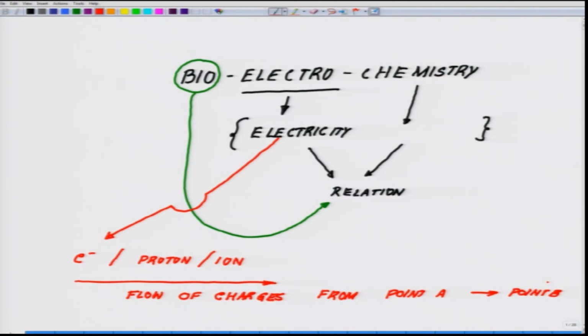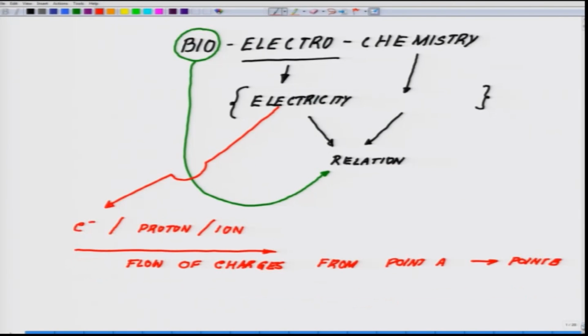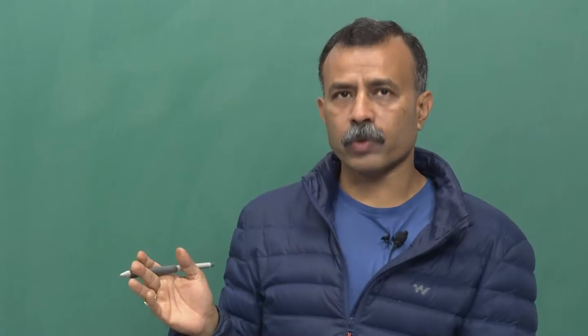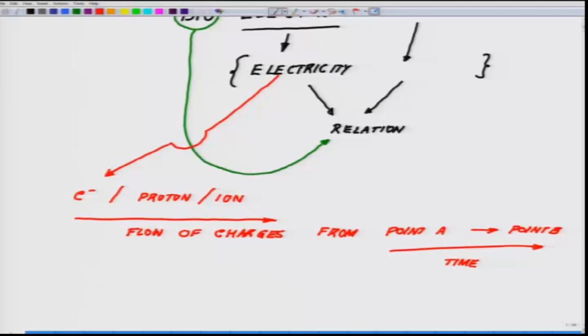Now, this flow of charges from point A to point B is happening over a period of time. Time could be anything: millisecond, microsecond, picosecond, or on the other side seconds, minutes, and so on and so forth. Whenever we introduce time, we talk about a rate.